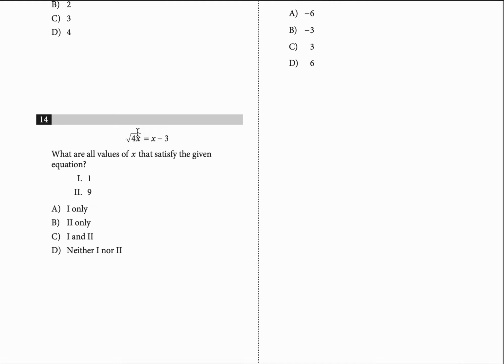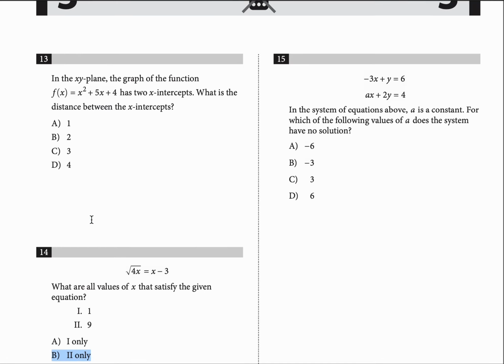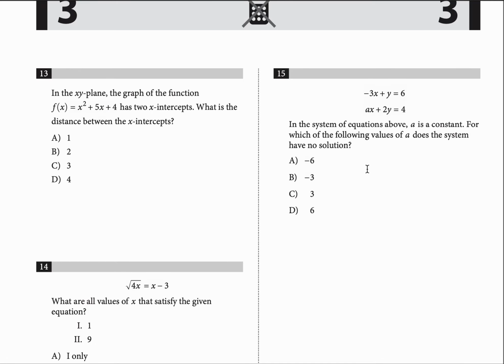Okay, so if x is 1, then we'd have the square root of 4, which is 2. But 1 minus 3 is negative 2, right? So 1 actually does not work, even though it sort of seems like it does. So the answer is actually B, 2 only.